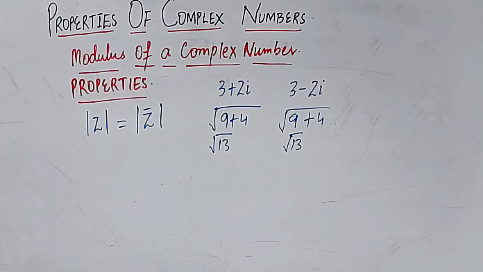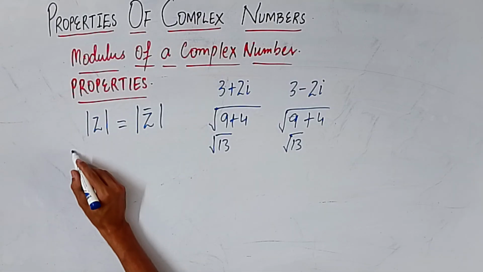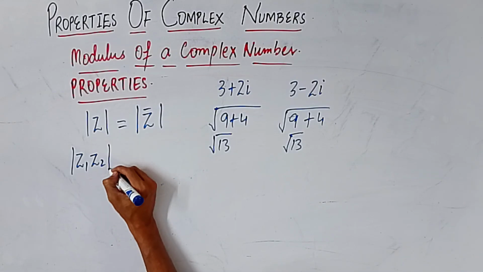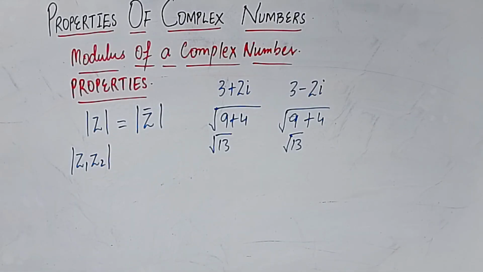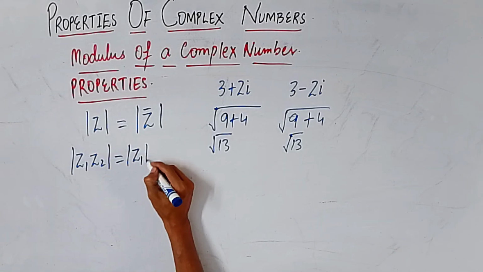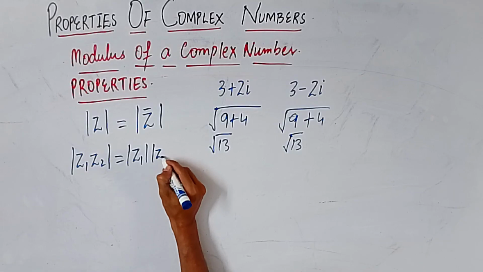Property 2 says that whenever you multiply two complex numbers and then find the modulus, it will always be equal to the product of the individual moduli.